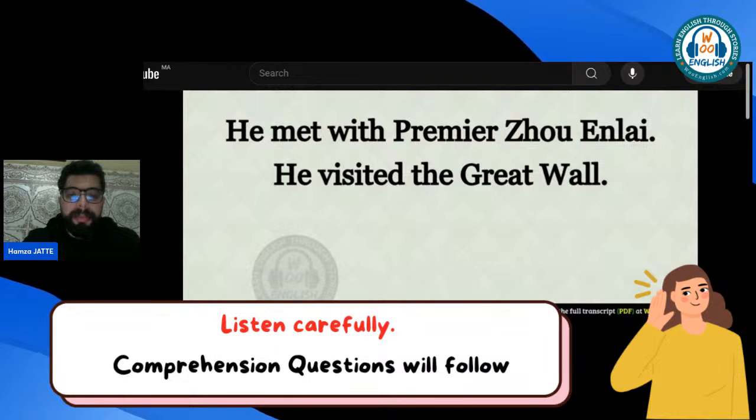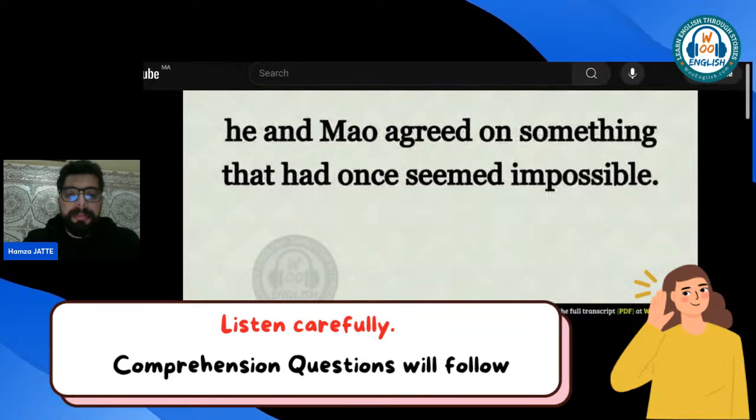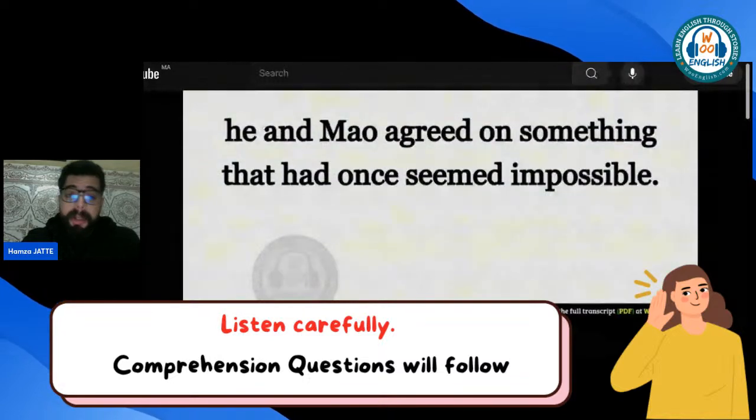He visited the Great Wall. He watched a performance of traditional Chinese opera. And at the end of his trip, he and Mao agreed on something that had once seemed impossible.